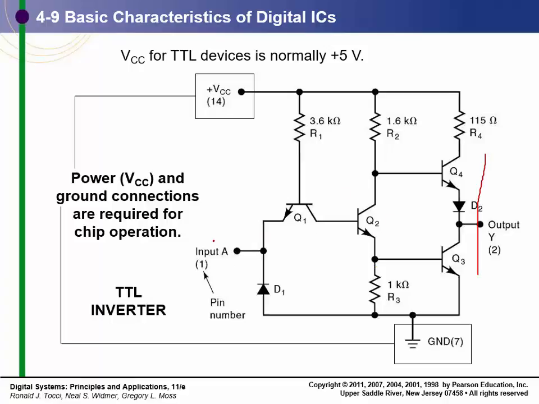So if we put a 1 in here, we're going to get a 0 out here. This is an inverter. This is a TTL part, which means it's transistor to transistor logic. So this is what we see inside. A single gate requires 4 transistors and 2 diodes.